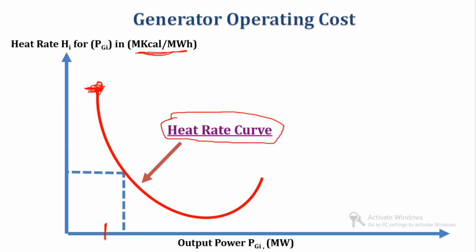Initially the boiler needs too much heat to generate the power. So initially the boiler consumes too much energy, that is, the energy required to heat the boiler itself. Initial heat is consumed by the boiler, and due to that the output power is very low.